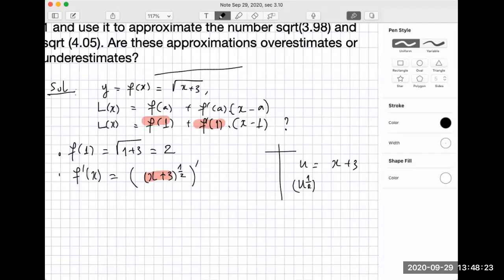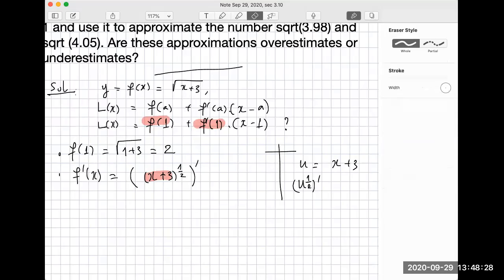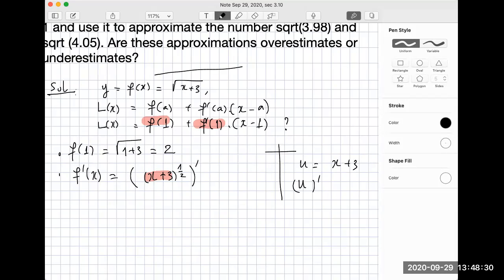Sorry, this is 1/2. And how does it become? Yes, do it slowly: 1/2, then u to the 1/2 minus 1, right?